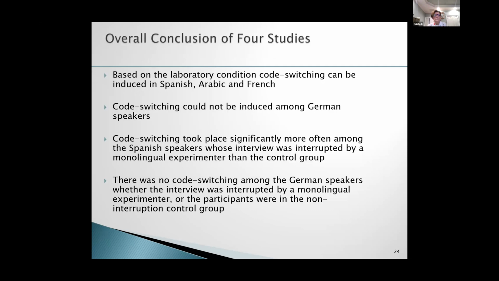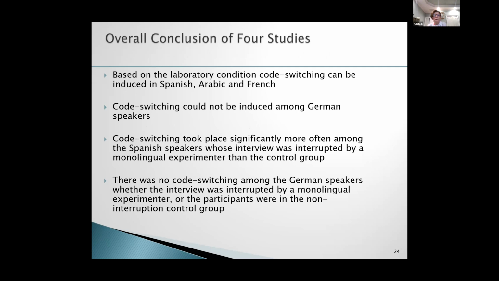Our next steps are based on our conclusions. Again, we found all languages, all four that we tested, code switch except for German. Maybe other experimenters would be able to, but we don't seem to be able to induce code switching among Germans.